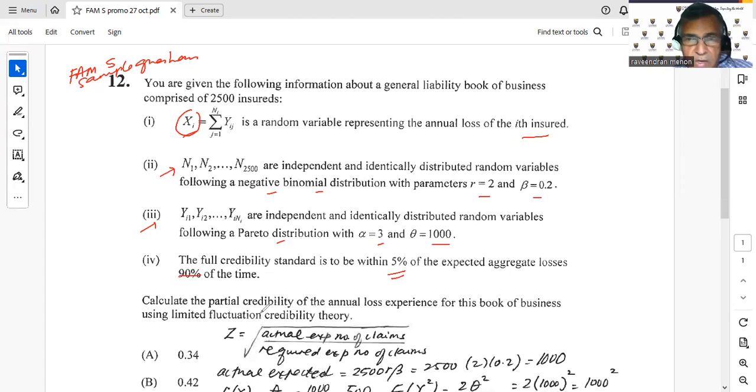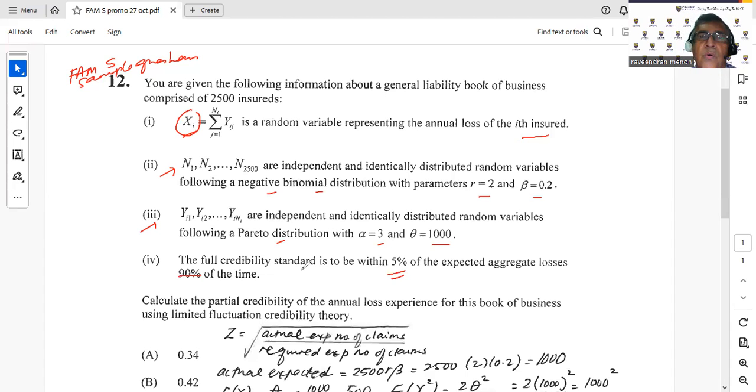I have spoken about that when you have the 5% and the 90%: it's going to be 1082, the famous number for us, for lambda naught. I'll remind you of that in a second. Let's see what they want. You're asked to calculate the partial credibility of the annual loss experience for this book of business using limited fluctuation credibility theory. We're looking for the partial credibility factor.